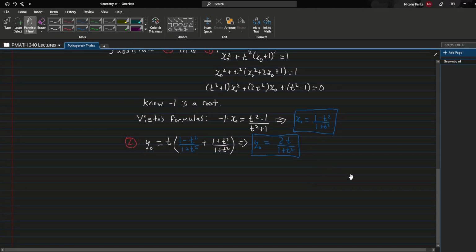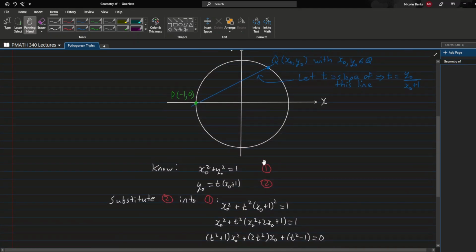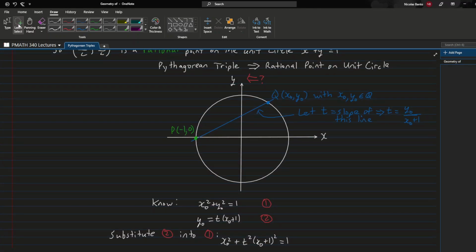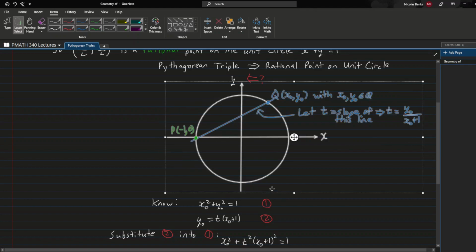Okay, great. So we've got expressions for x naught and y naught in terms of t. Now let's remind ourselves what t was. Let me just copy this picture here. Oh, I guess I should have copied the y. Well, whatever.